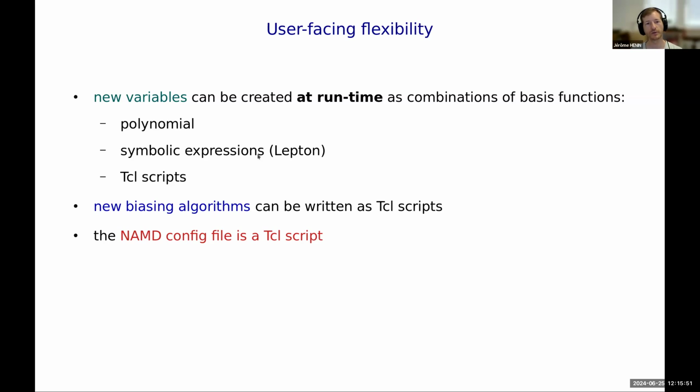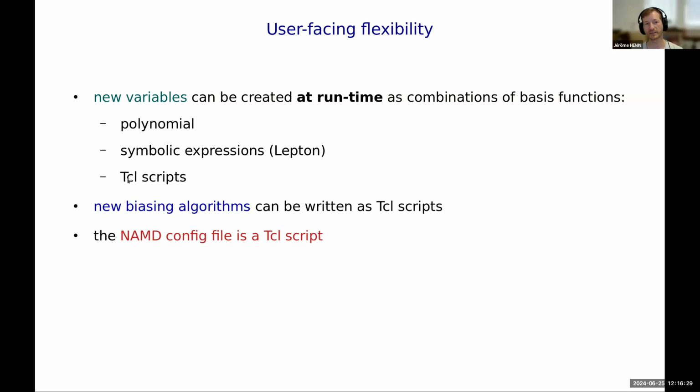And then you can also use your own symbolic expression using the Lepton library. So it's basically writing standard math like cosine of x plus sine of y, and that will automatically compute the variable. That at least is possible in NAMD. It's not available in standard builds of VMD so far, although we are working on that. And by working on that, I mean working on trying to convince Urbana people to include this into VMD because it's working in our hands.